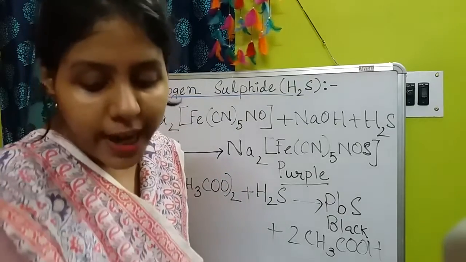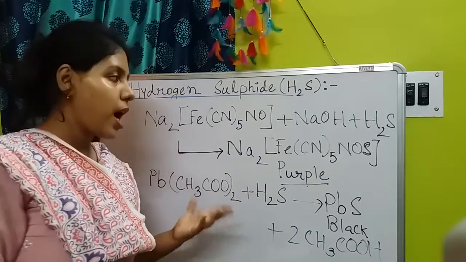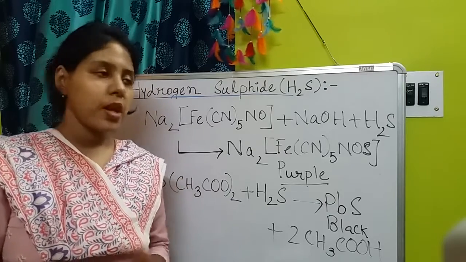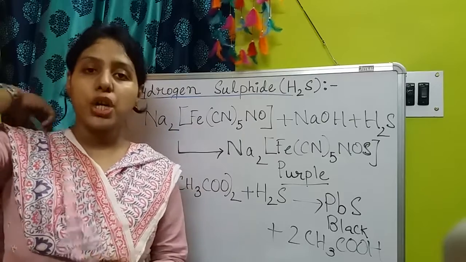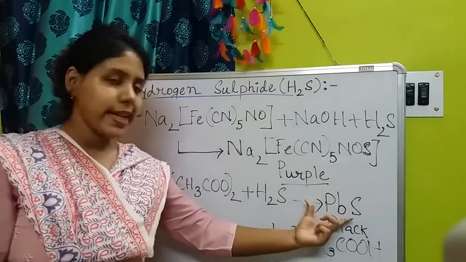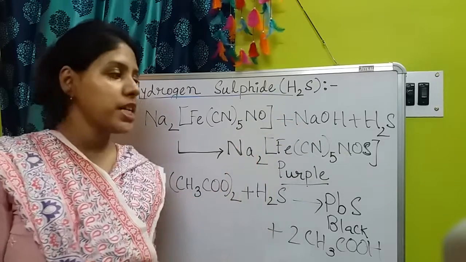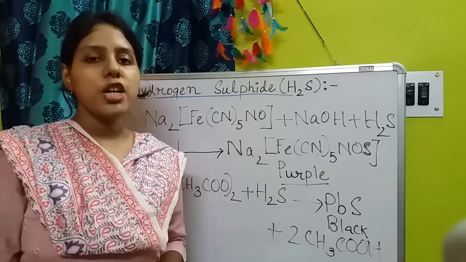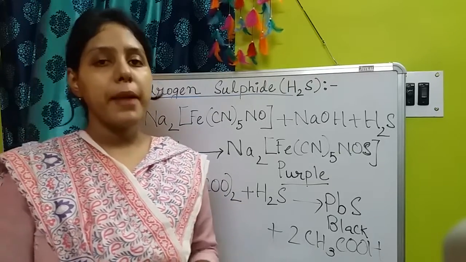Okay, and after that you have to read the uses of H2S, how we could use H2S gas for various purposes. H2S gas is used for the preparation of metal sulfides, like zinc sulfide, copper sulfide. These metallic sulfides are used in the paint industry for the preparation of pigments.